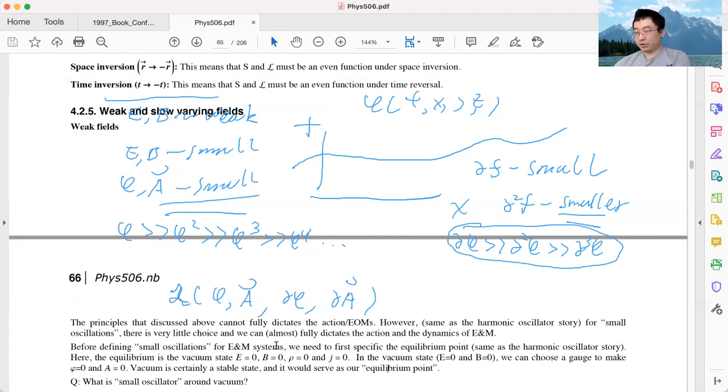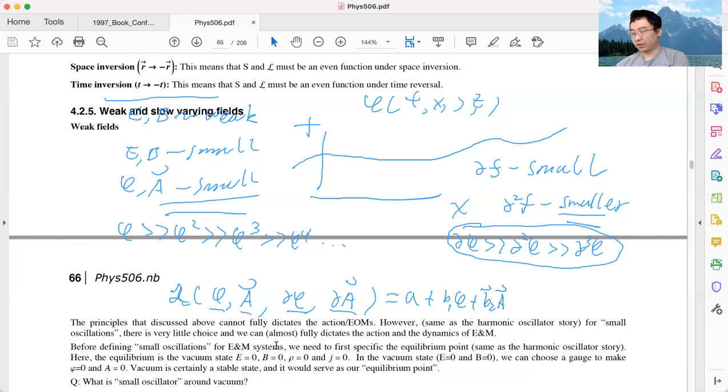And the weak field tells me that phi and A are small. Slow varying tells me that the derivatives of phi and A are small. If these quantities are all small, I can do a Taylor expansion. The leading order term will be a constant term, and we call it A. And then the next order term will be some linear term: a linear term of phi times some coefficient B1, a linear term of A times some coefficient B2.